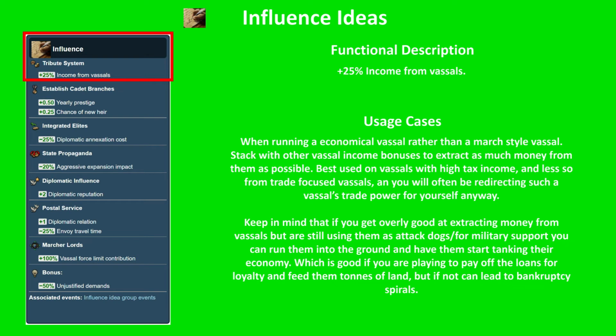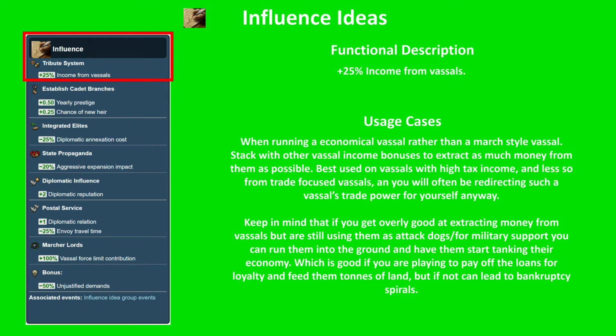So you wouldn't want to be using this on Venice, or on someone with a high diplomatic base land, but rather someone with high administrative base land where they produce high base tax, and you can mooch that tax.